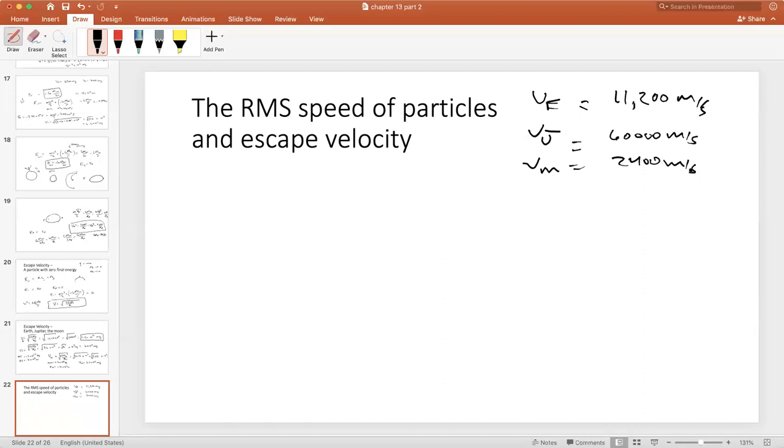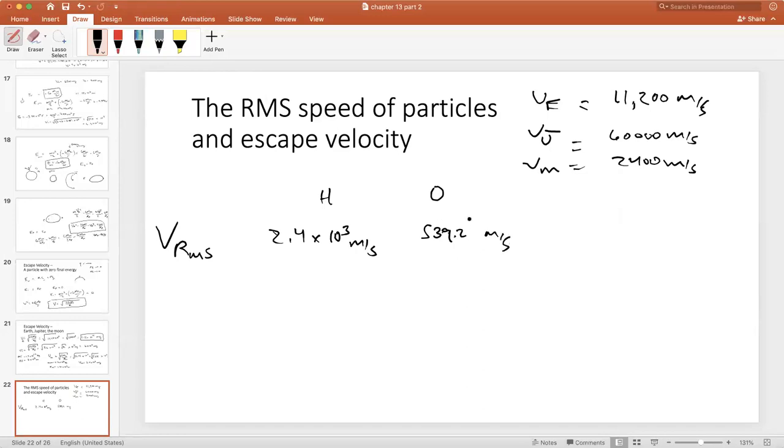Those of you in chemistry know that the root mean square speed is basically the average speed. And for hydrogen, it's 2.4 times 10 to the 3rd meters per second. And for oxygen, it's about 539.2 meters per second.